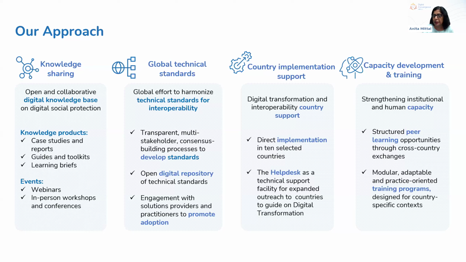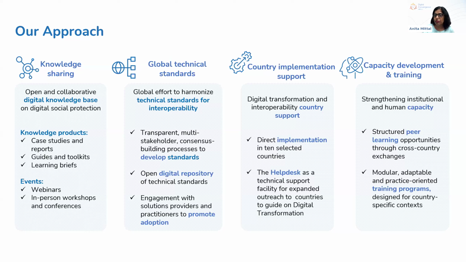But the third pillar is country implementation support. We are providing direct implementation support to, in fact, 21 countries now with financial as well as technical support. And we also have a help desk which can provide on-demand technical support to a few more countries beyond these 21.